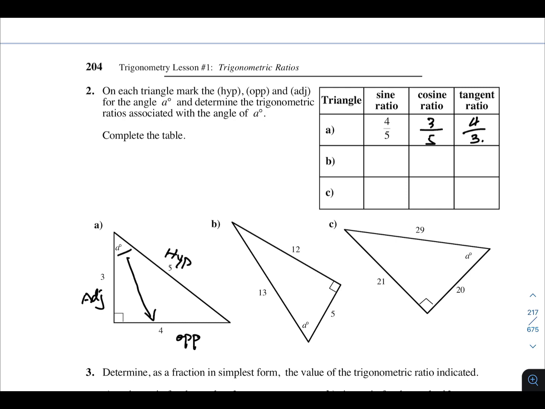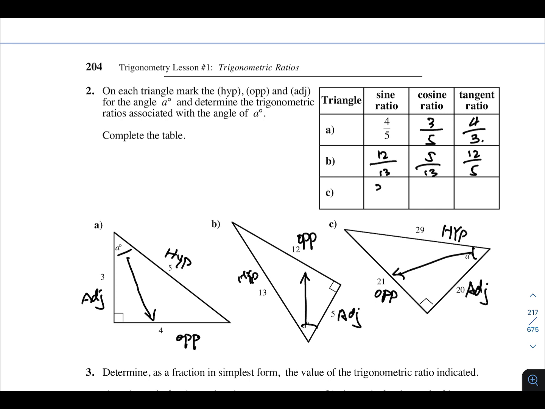And for B, this is the angle, this one is the opposite, the longest is the hypotenuse, and the last one is adjacent. The sine is 12, the opposite divided by hypotenuse, and the cosine is adjacent divided by hypotenuse, and the tangent is opposite divided by adjacent. For the last one, this is the angle, this one is the opposite, the longest is the hypotenuse, and the last one is adjacent.